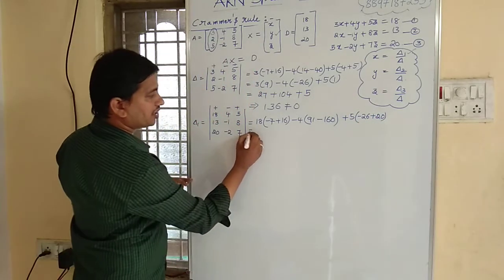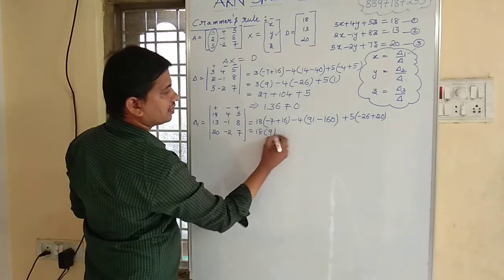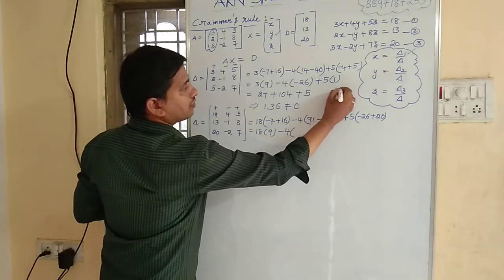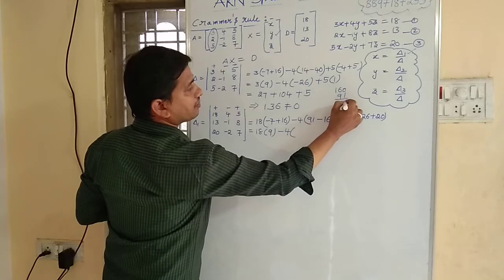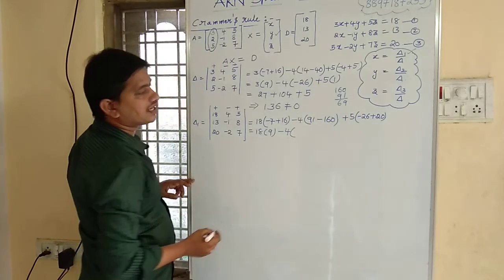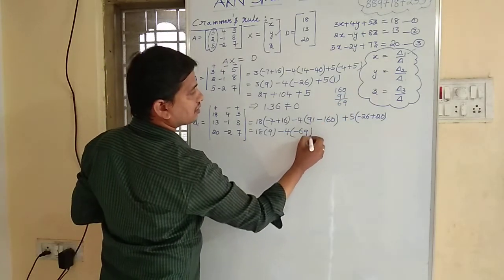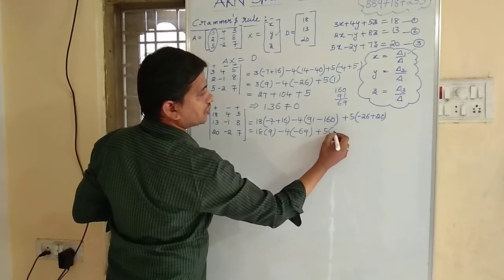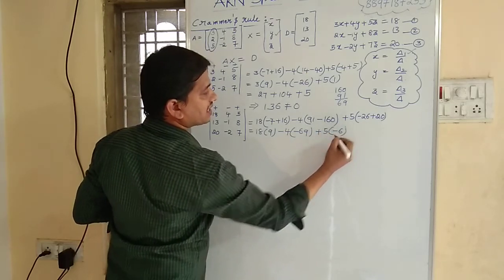13 into minus 2 minus 26, minus into minus plus 21 is 20. Okay, so 18 into 16 minus 7, 9, minus 4 into 160 minus 91, that is minus 69, plus 5 into 26 minus 20, that is minus 6, children.